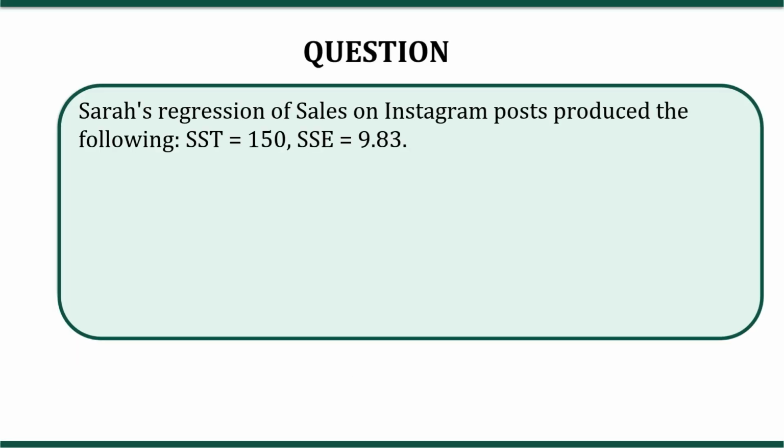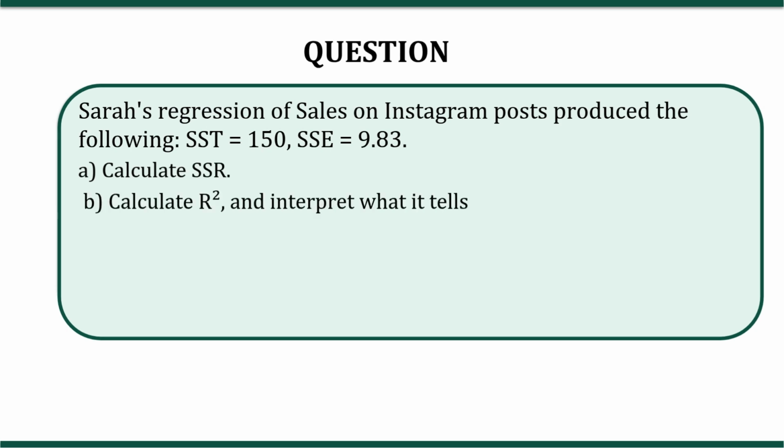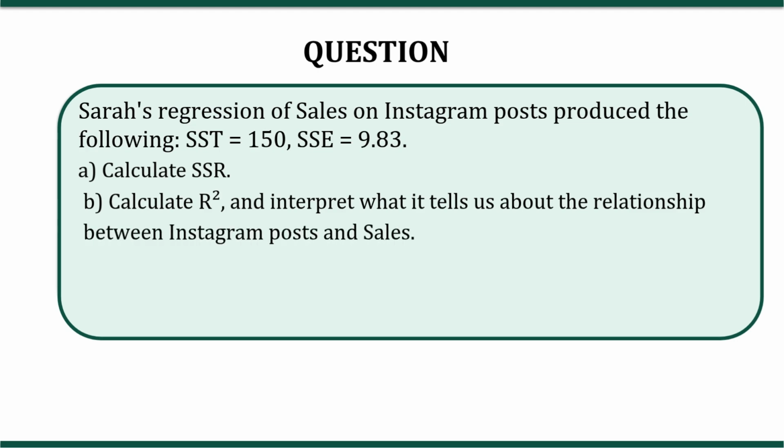Here's a practice question for you. Sarah's regression of sales on Instagram posts produced the following results. SST equals 150 and SSE equals 9.83. Part A, calculate SSR. Part B, calculate R squared and interpret what it tells us about the relationship between Instagram posts and sales.